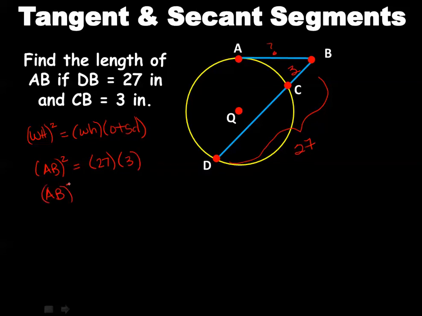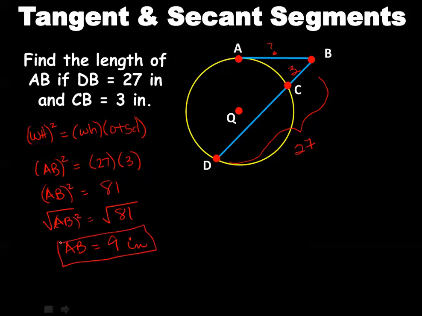So I have AB squared equals 27 times 3, which is 81. I'm going to get the square root of both sides. So that's going to leave me with AB equals 9. And that's going to be in inches. So that's all you have to do.